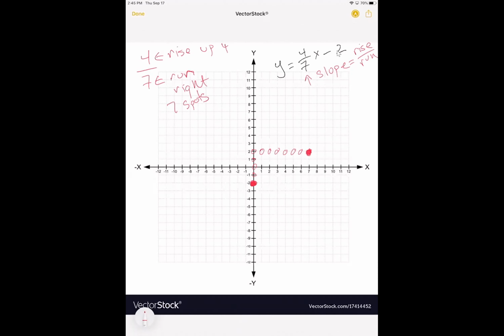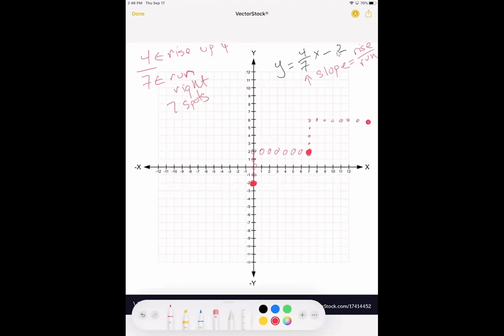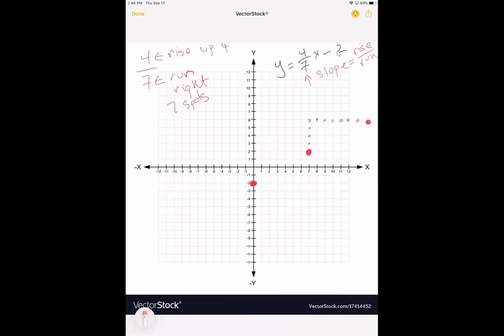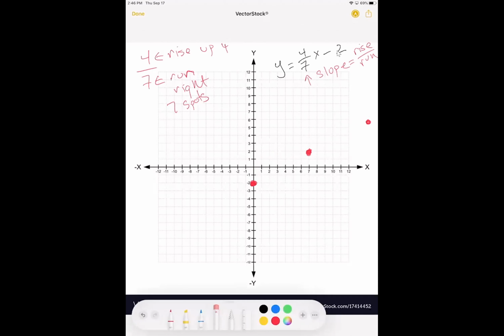The slope tells you to go up 1, 2, 3, 4 over 1, 2, 3, 4, 5, 6, 7. If we were to have a graph, that would be our item there. So let me erase this here. If you remember the other time, the slope tells you the rise over the run, and the rise over the run is that.